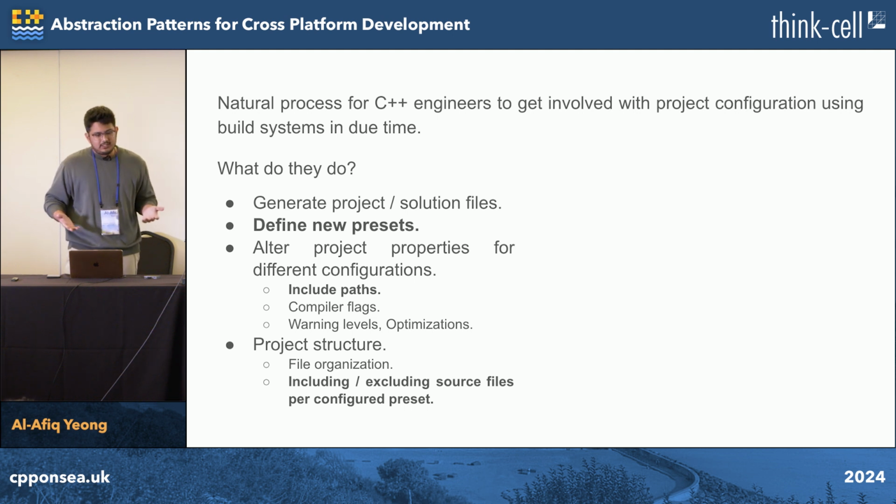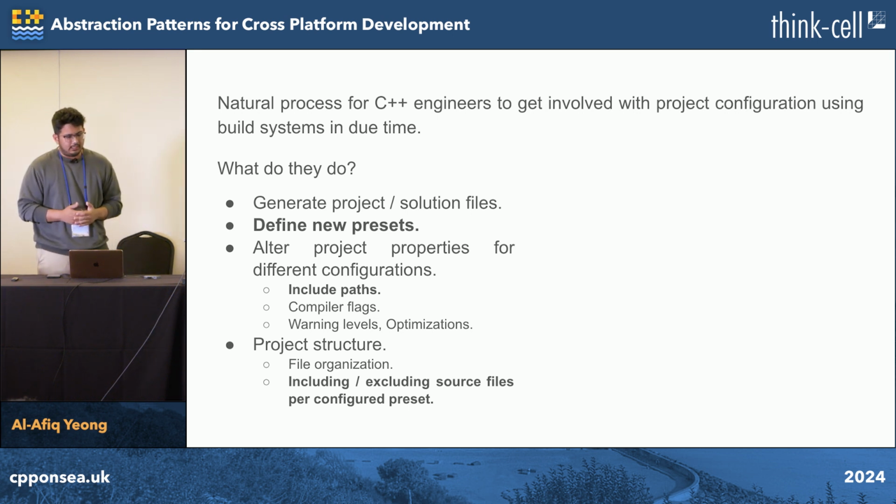But what do build systems actually do, right? They help us generate project and solution files. They define new presets. They alter the properties of the projects for different configurations. So that can mean different compiler flags, warnings, optimizations. They also enable us to include different include paths for each configuration.